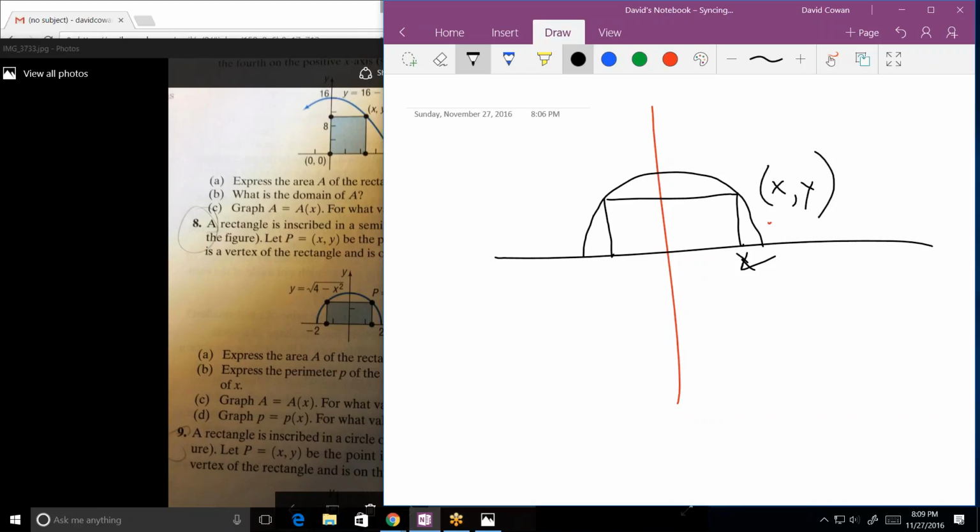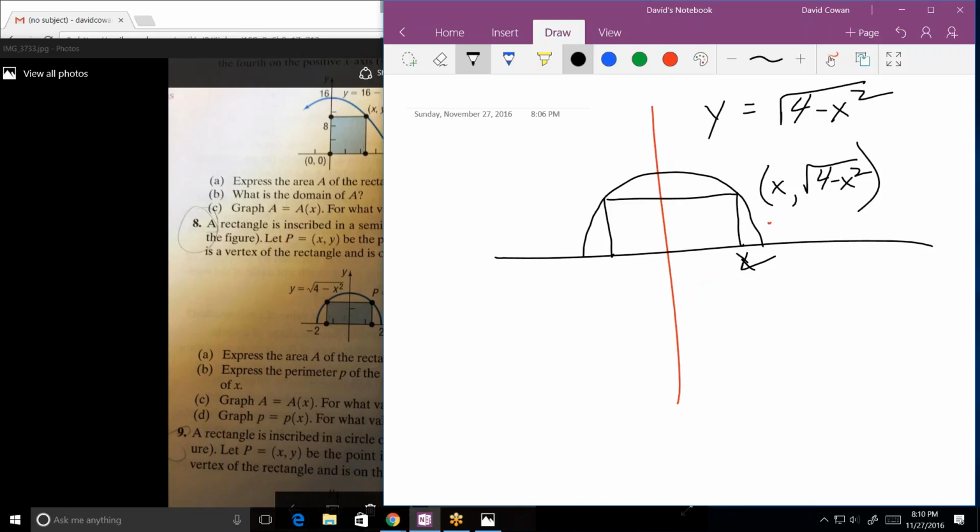Correct, but since it's on that semicircle, we know what y is. Y is the square root of 4 minus x squared. So the coordinate that I've written there is actually x, comma, square root of 4 minus x squared. That is what y is equal to.